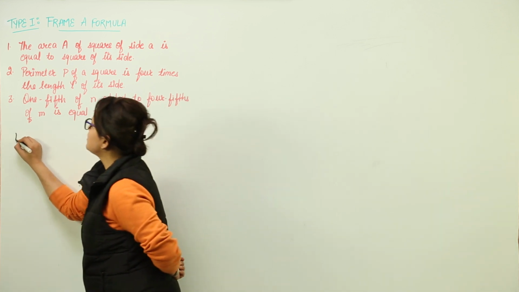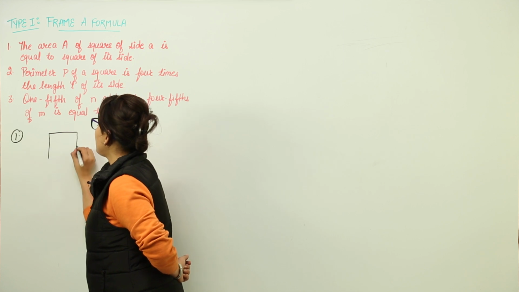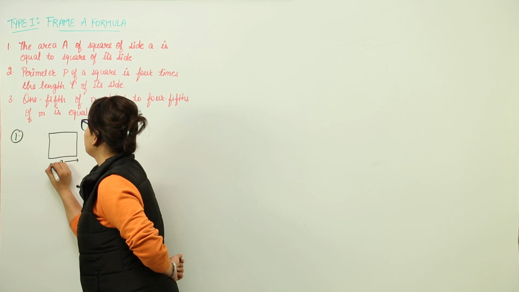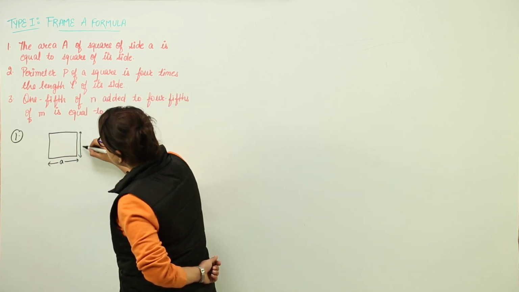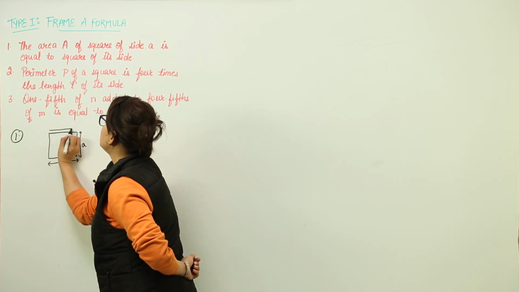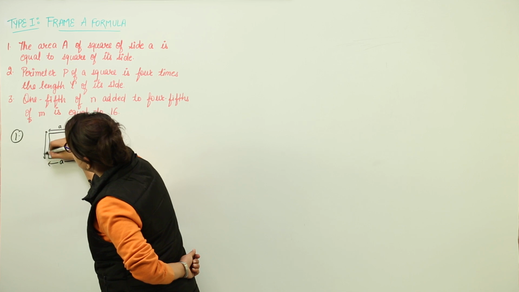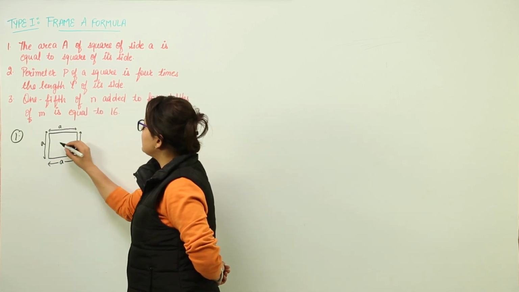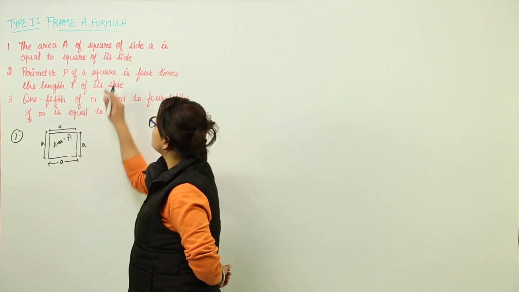Now that means for the first one you have a square of side small a. We are all aware that a square has all its sides equal to a only, so we'll write a for all sides as its measurement. Now this square of side a has area equal to capital A. What are they saying?